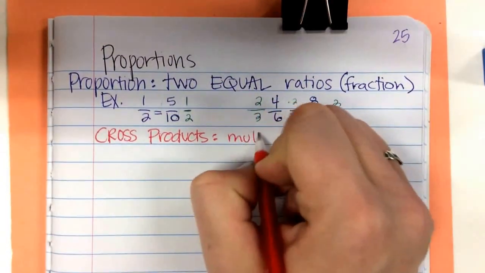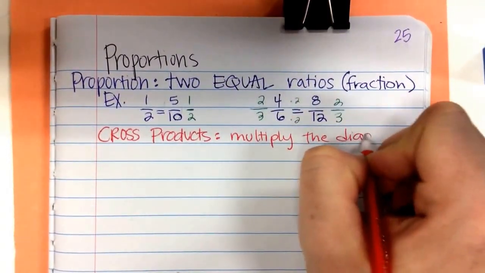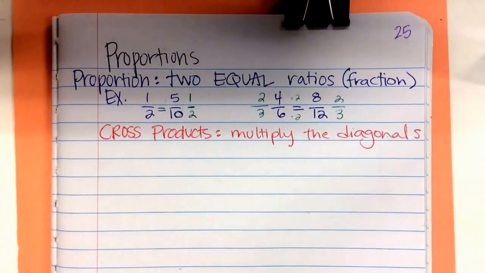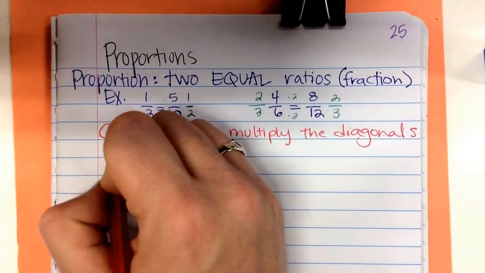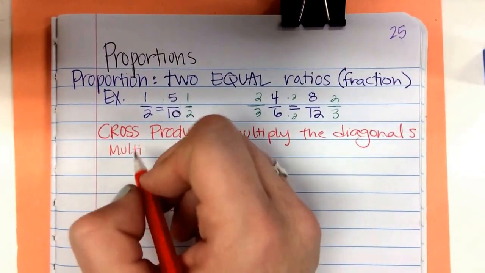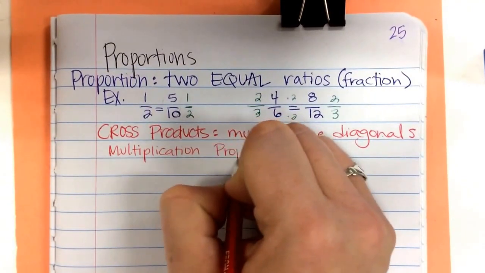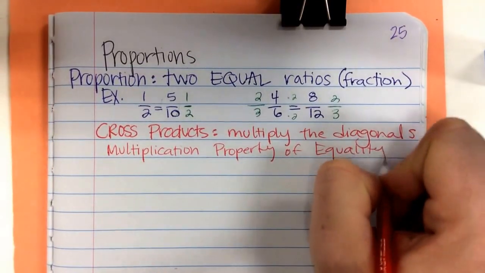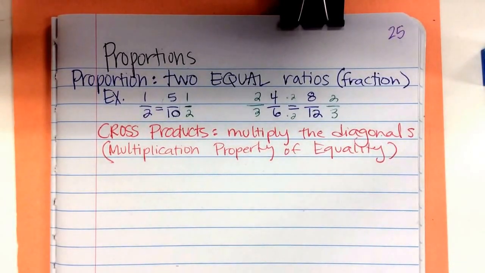We're going to multiply the diagonals, or across. We're looking for the multiplication property of equality.